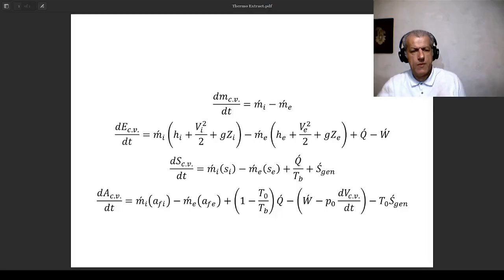The final step that we could take is to have a look at the availability equation and see if the balance checks. This equality checks. As it is steady state, this term vanishes. There's no change in availability inside the control volume. There's availability entering with entering mass, availability leaving with leaving mass.